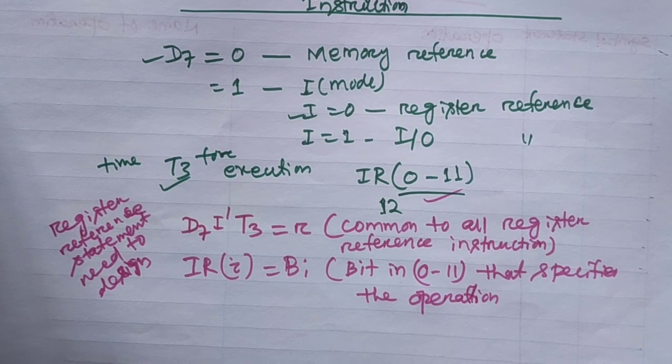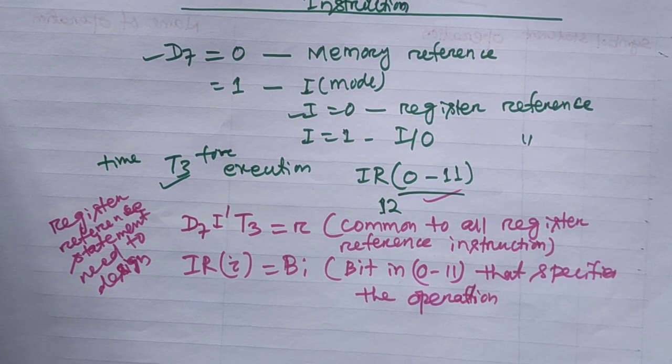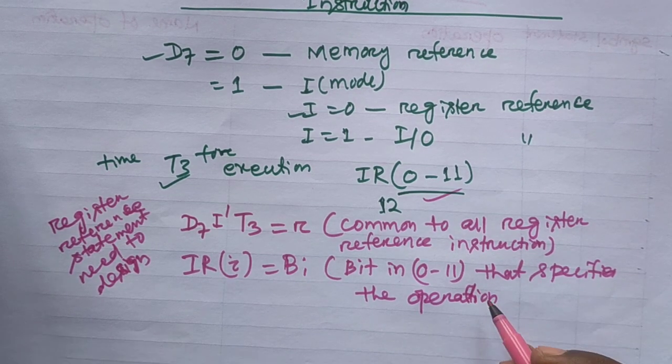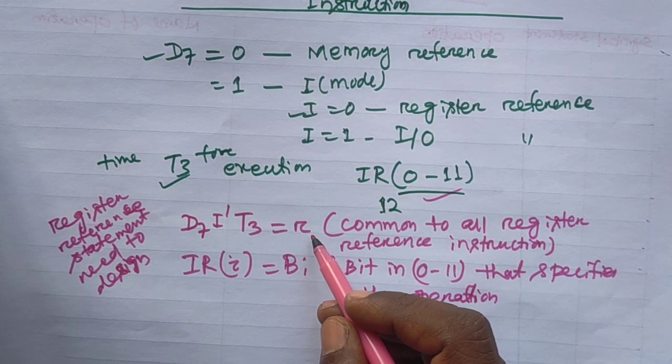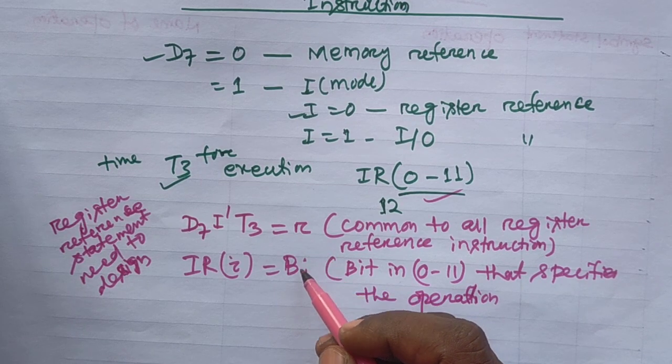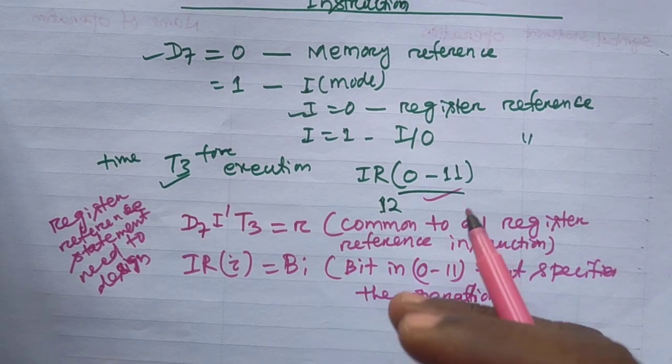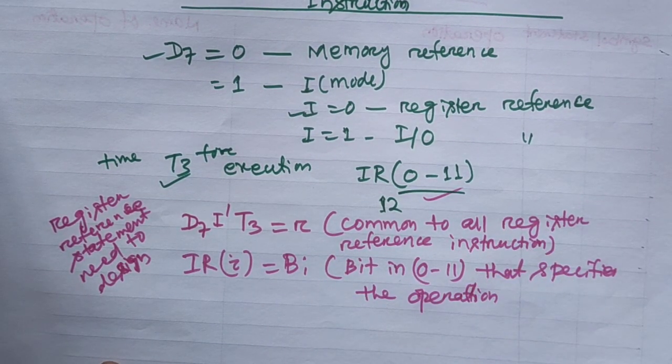So now we can define the register reference statement very easily, because I told you that bits 0 to 11, the 12 bits, are defined for register reference. Now this common register is defined through R, and here is B_I for register reference.